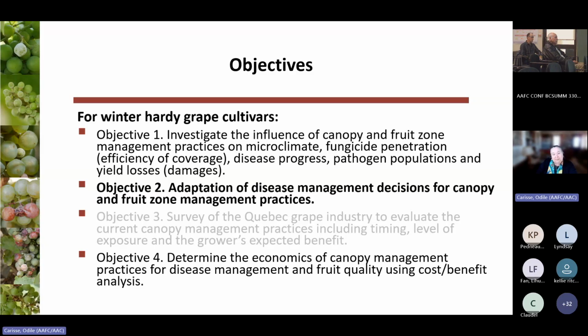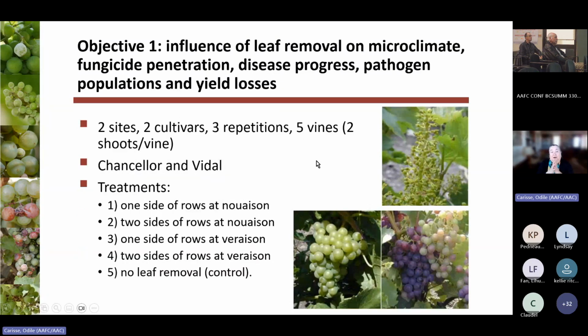But I'd like to spend a bit more time on how these practices can be integrated into IPM programs so that we can see a real benefit in terms of disease management, but also in terms of the amount of fungicides that are used. Very quickly, I'll show you a summary of the cost-benefit analyses we did, again with a focus mostly on disease management.